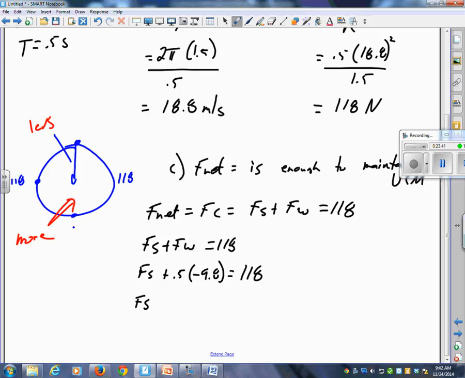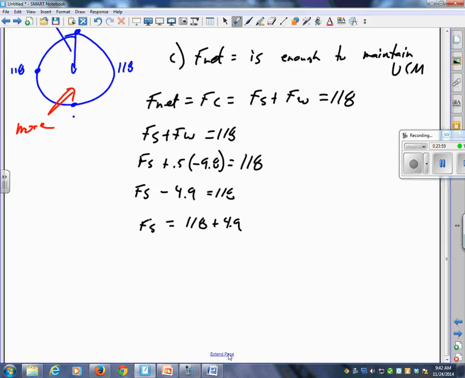String force, this is minus 4.9 is equal to 118. And when I take that minus 4.9 to the other side, the string tension becomes 118 plus 4.9. I'm showing a little bit more work than normal here, but I want to make sure that it's clear. The string tension at the bottom is 122.9.